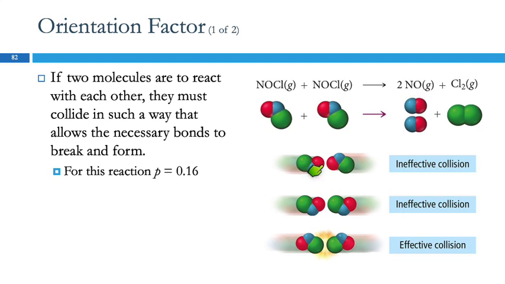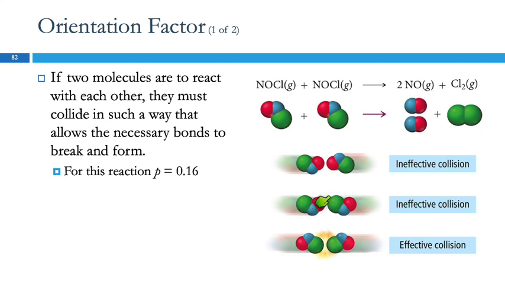So here, if the oxygens are bumping into each other, the nitrogens? No, nitrogen's blue. I don't know if they did these right. Whatever. We'll stick with red and blue. If the red ones bump into each other, nothing's going to happen.